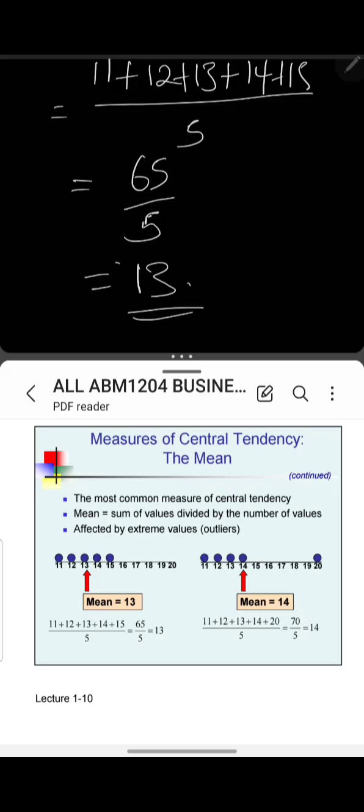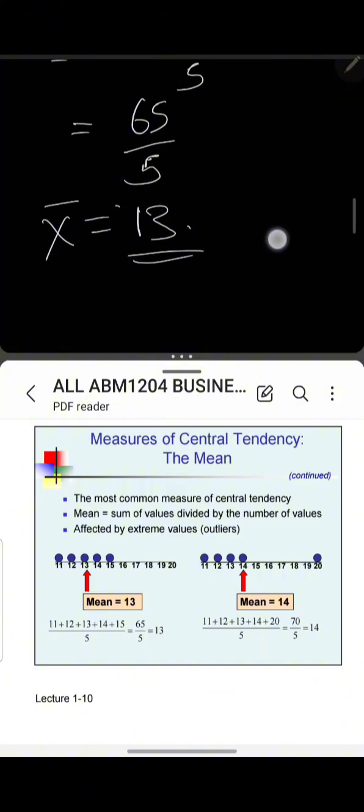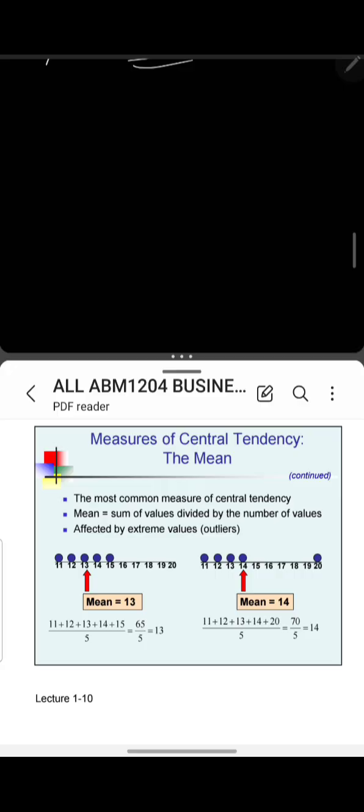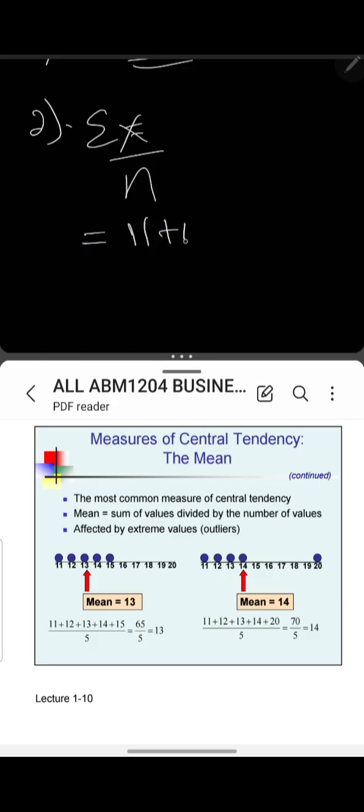You can write x bar equals 13. X bar is the symbol of the mean. Now you do the same for example 2, the one with an outlier. Summation x is 11 plus 12 plus 13 plus 14 plus 20.